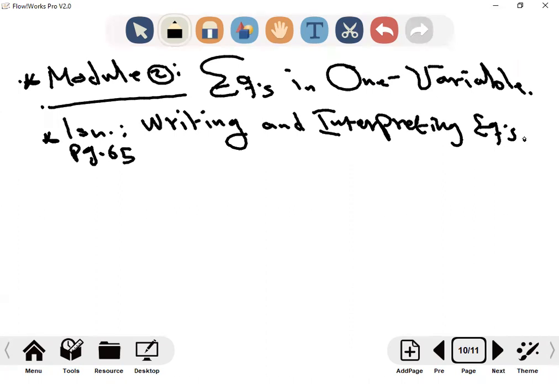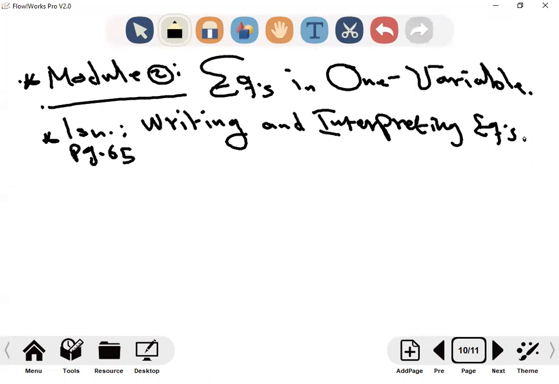Now, I will go to the layer directly. We will select ideas from this lesson, because we care about how to solve equations more than writing, but I couldn't skip this idea. A mathematical statement that contains two expressions and an equal sign between them, we call it what? Equation. Now focus at the board.